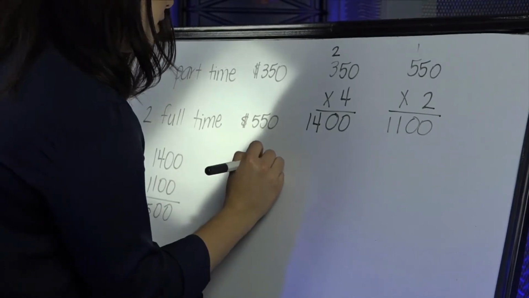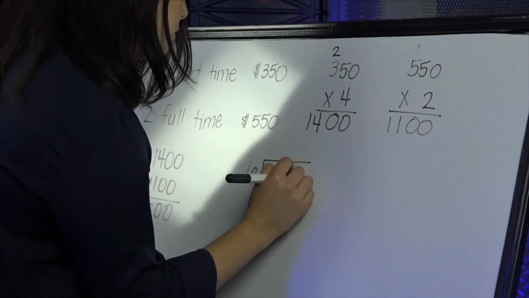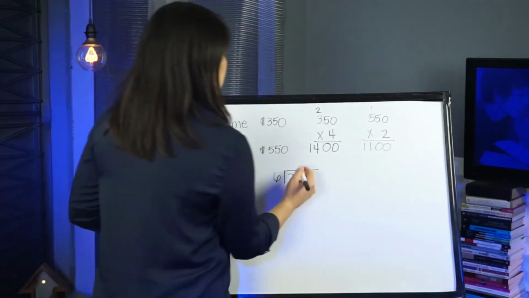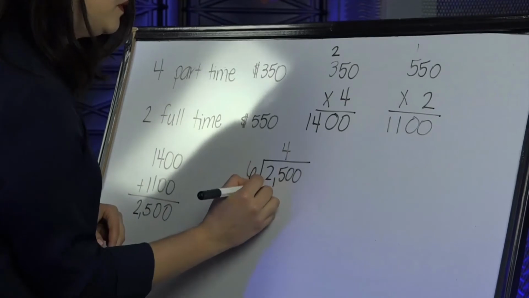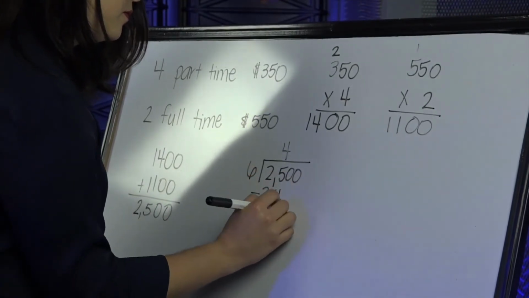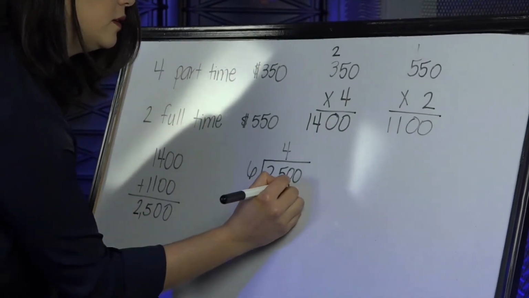There are 6 employees, and 2,500 is our total. So 6 goes into 25 4 times. 25 minus 24 is 1.